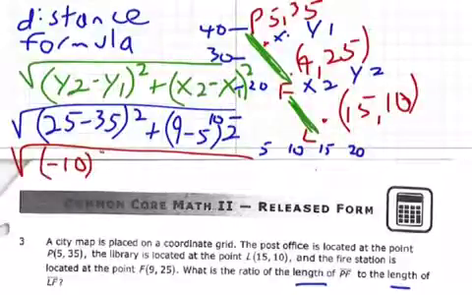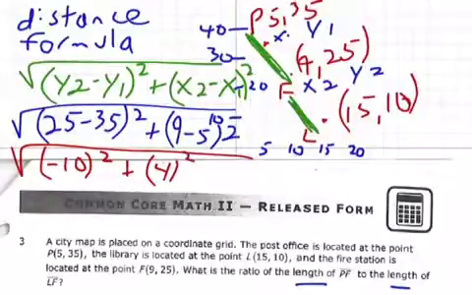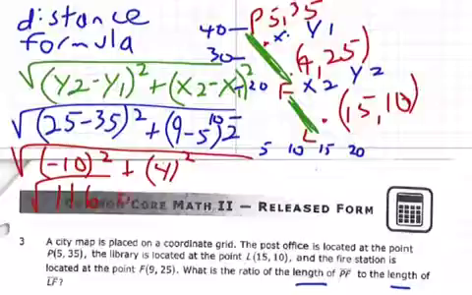And remember, anytime you square something, it's always going to be positive, so it doesn't matter that it's a negative 10. And then 9 minus 5 is 4, and then square it. So negative 10 squared is 100, 4 squared is 16, so that's the square root of 116. And I have a calculator, so I could say about 10.8.